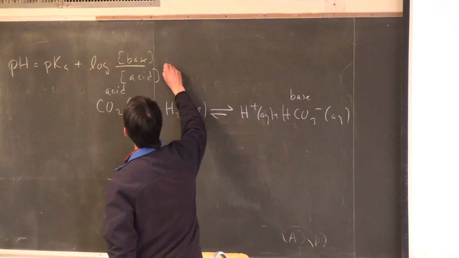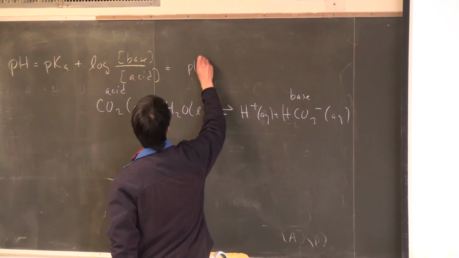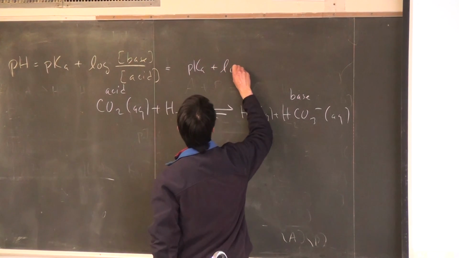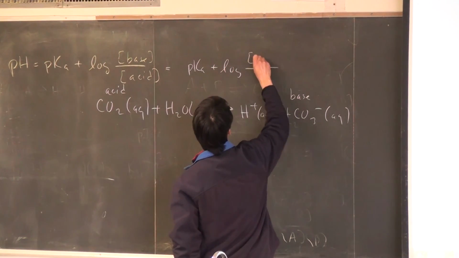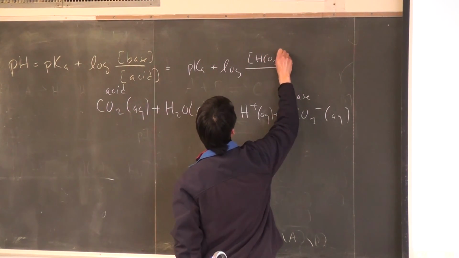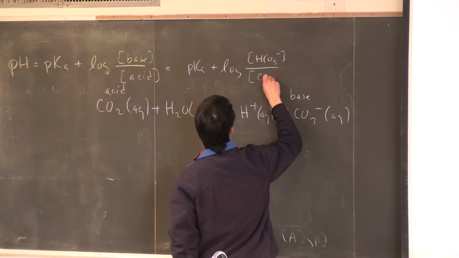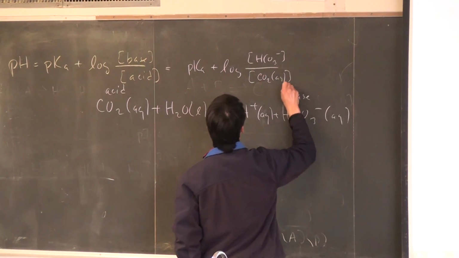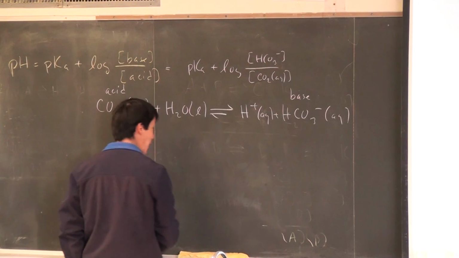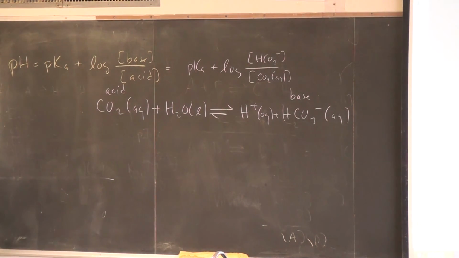So in our equation here, pH is going to equal pKa plus the log of our base, which is the HCO3 minus, divided by the CO2 aqueous. The only thing we need to know is what pKa is. So what's the pKa of this reaction? 6.1. And how do you get 6.1?